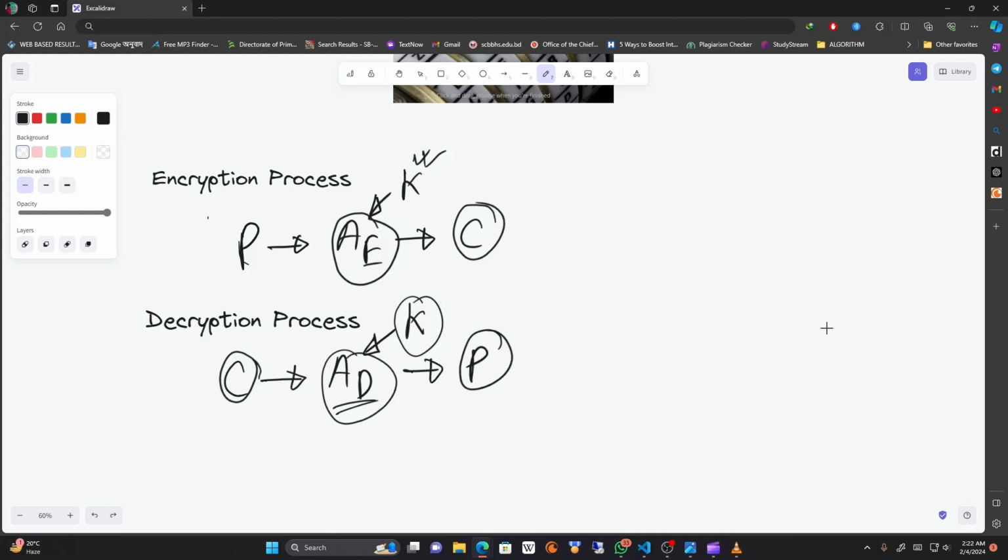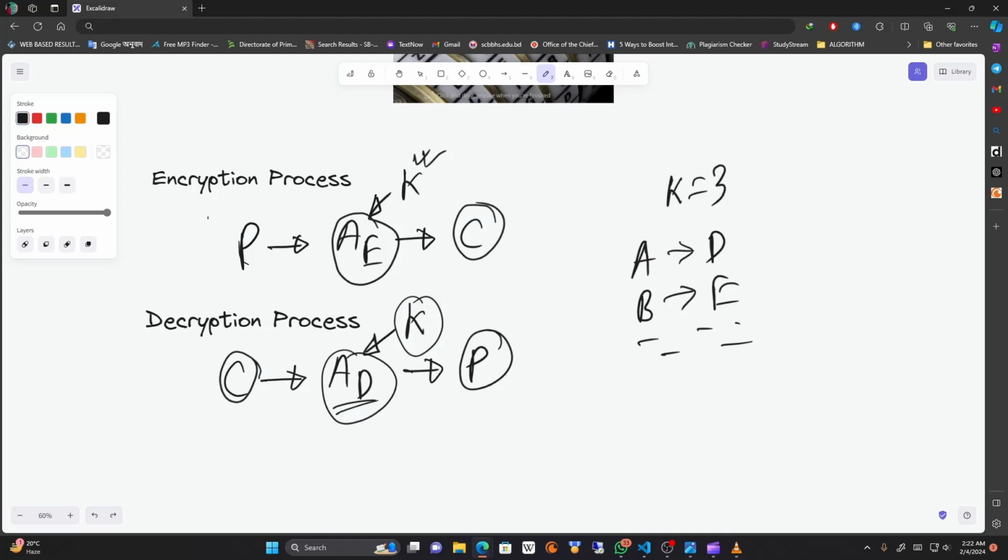For example, imagine we have the alphabet laid out in a line with a shift key value of 3, where A becomes D and B becomes E, and so on.